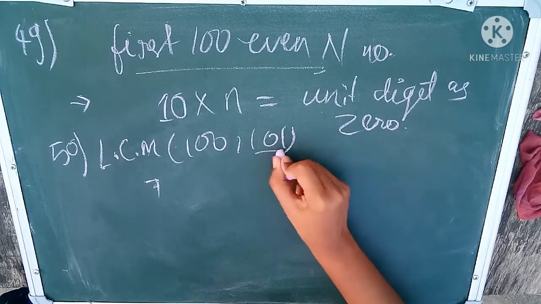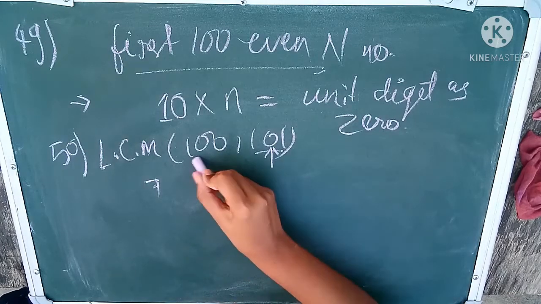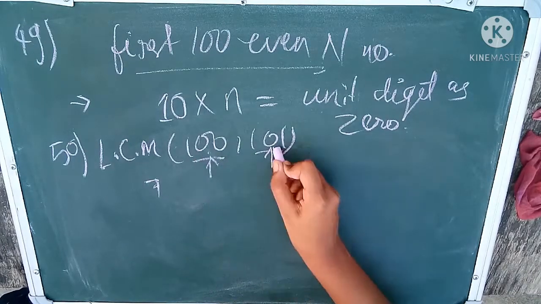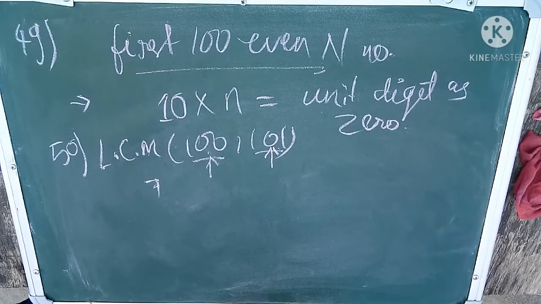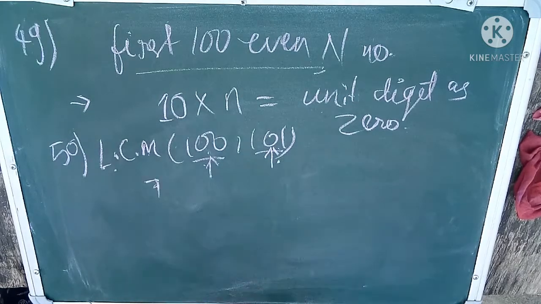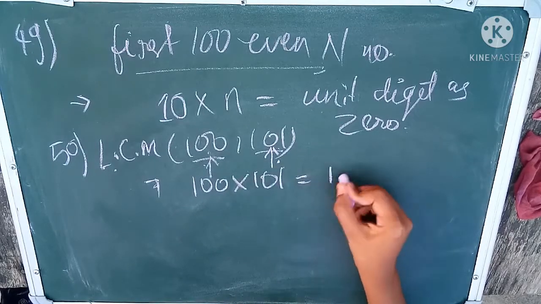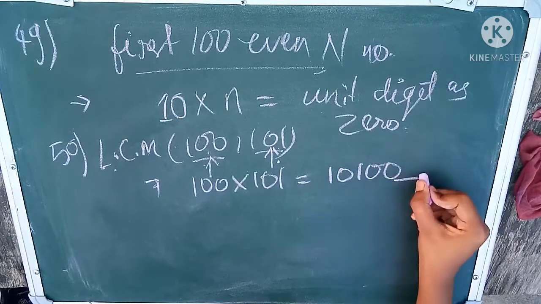But here we can see that we have one prime number, 101, and there is no common number between these two numbers, 100 and 101. So in such a case we don't need to find the LCM with the long process. We simply find the product of these two numbers. So here it will be 100 multiplied by 101, which is equal to 10100.